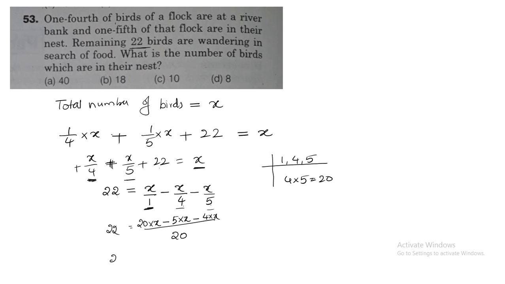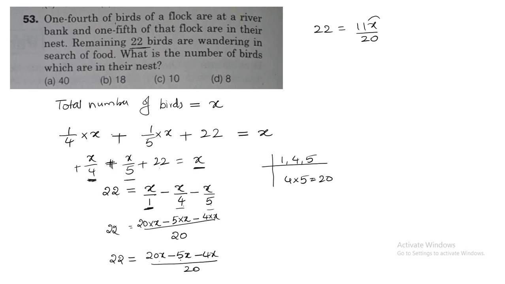Now when you simplify this, 22 is equal to 20x minus 5x minus 4x divided by 20. On simplification, 22 is equal to 20 minus 5 is 15, 15 minus 4 is 11, so 11x by 20.